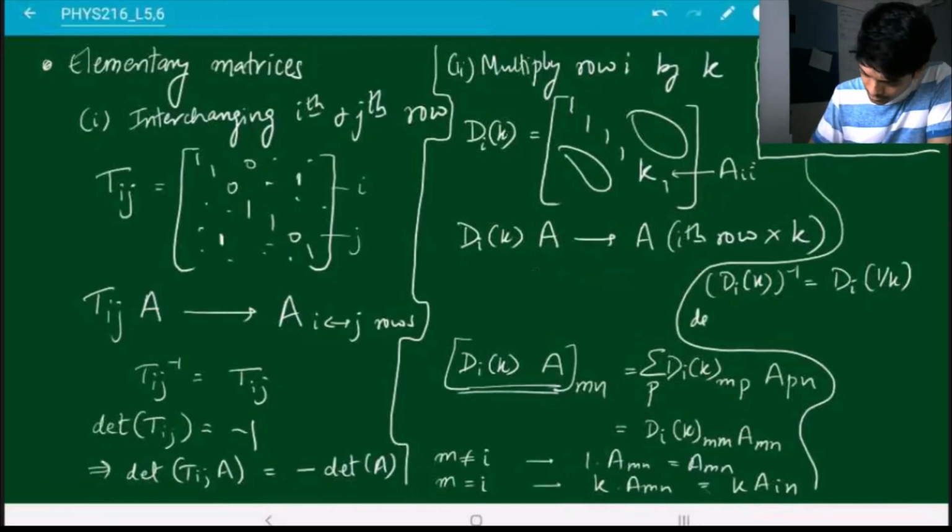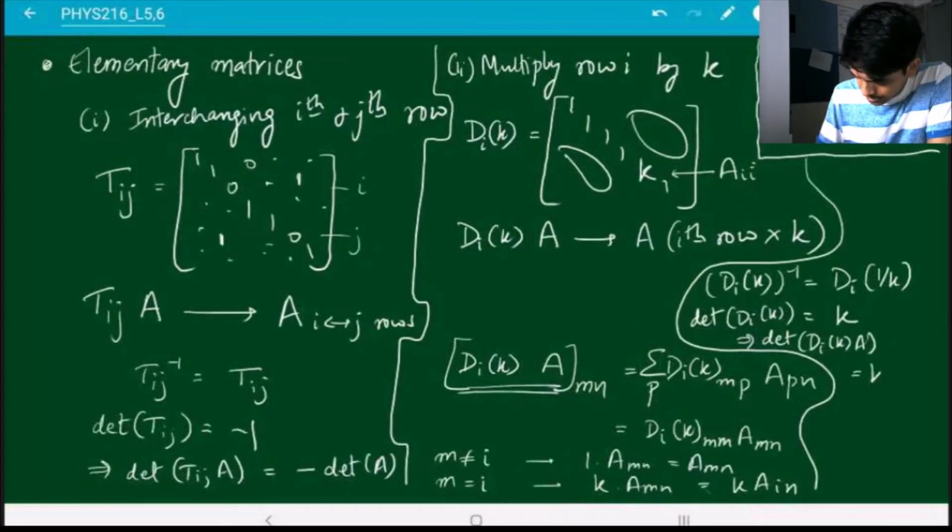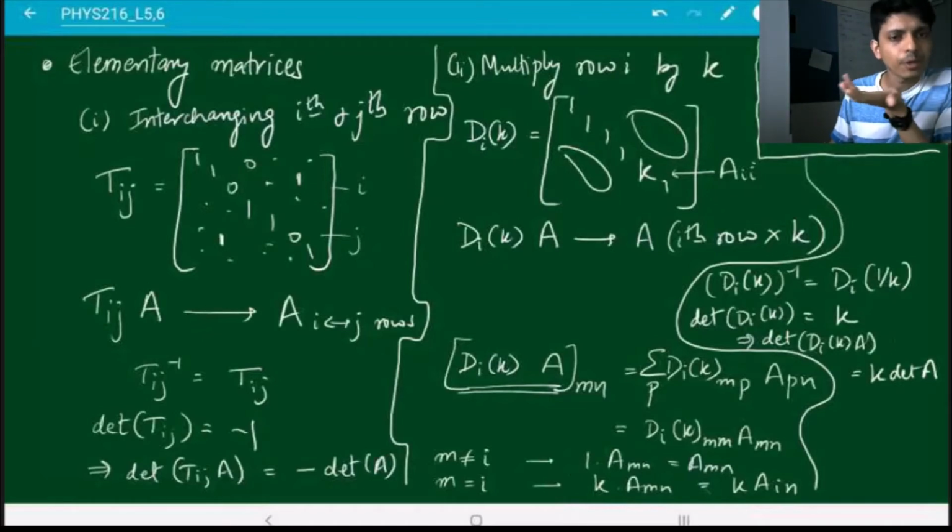And what is the determinant of D_i(k)? This is just equal to k, or as an implication, the determinant of D_i(k) times A is just k times the determinant of A. So why are we bothering about inverses and determinants for these matrices? We'll come to it. They will play an important role in doing our matrix manipulation. So that's where it will be important for us to know how to take the inverse and what the determinant is.